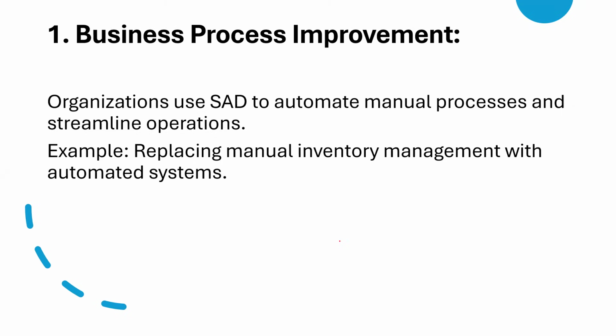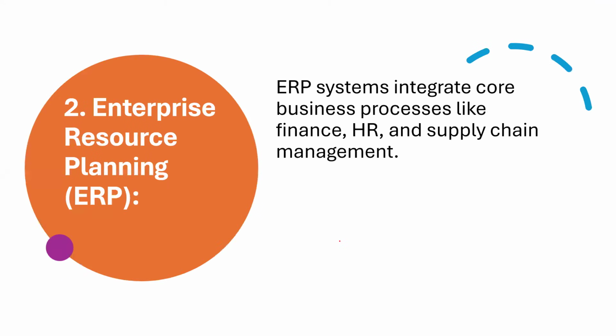But when you use system analysis and design, it helps you to automate this process and makes it very, very beautiful. The second area is enterprise resource planning, and that integrates core business processes like finance, human resource, and supply chain management.